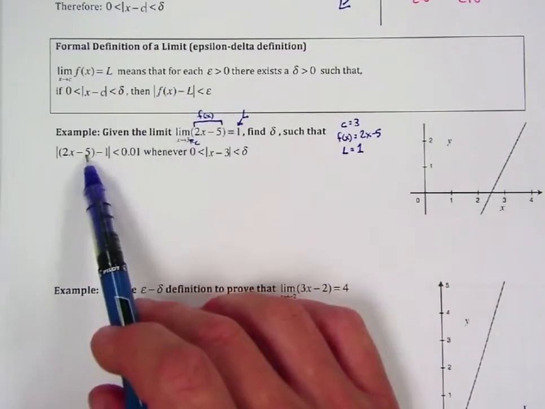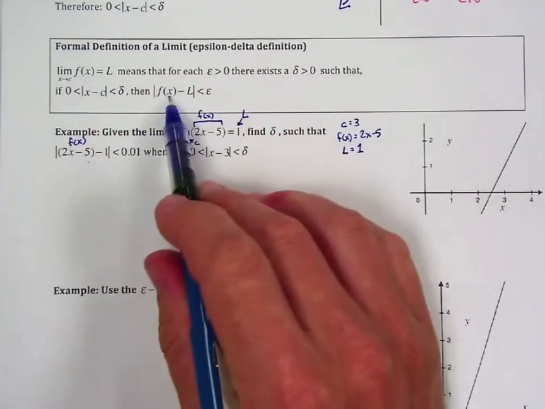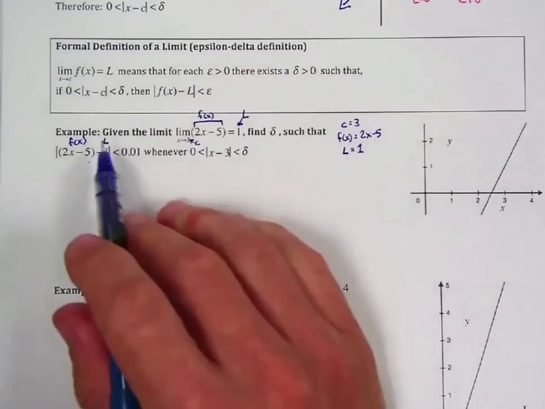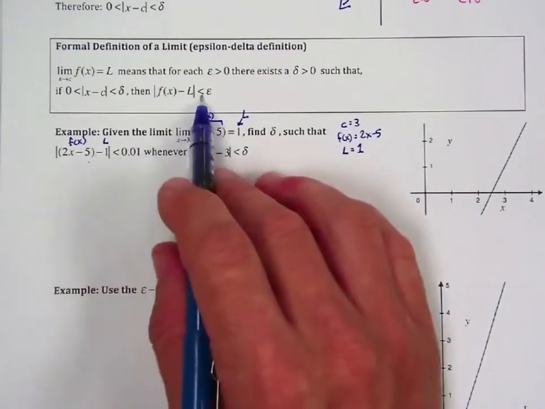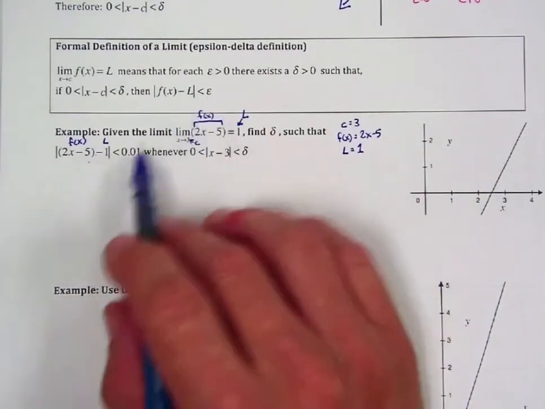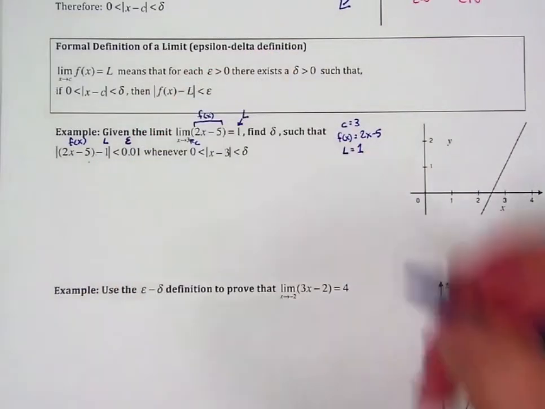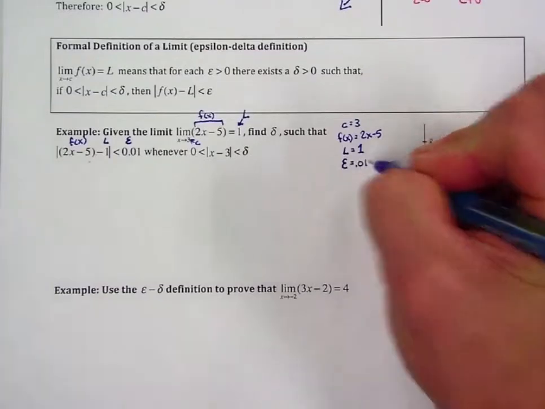So you can see here's your f of x, which is the same here. And then minus L, you can see that there. Minus L is minus 1. And then less than epsilon, and here we have 0.01. So for this example, we're going to let our epsilon equal 0.01.